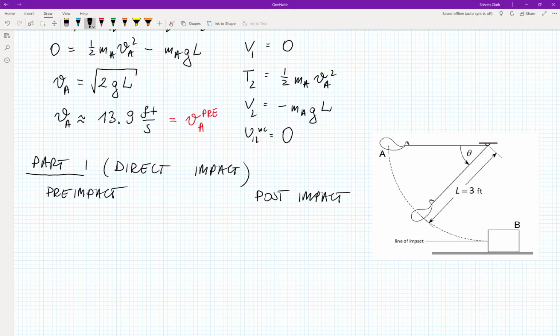So I believe that pre-impact, we have our bag in here, and it has some velocity VA, or actually some momentum mA VA. And our block is motionless, right? Our VB pre is 0.